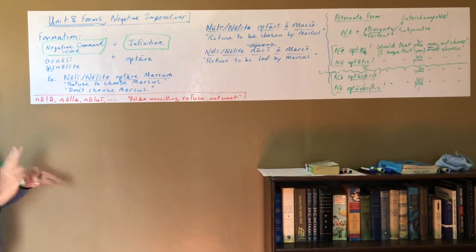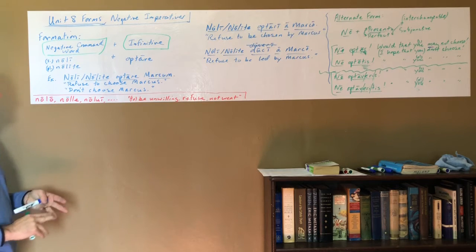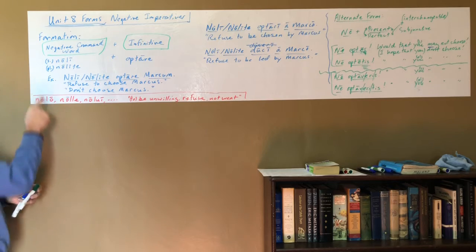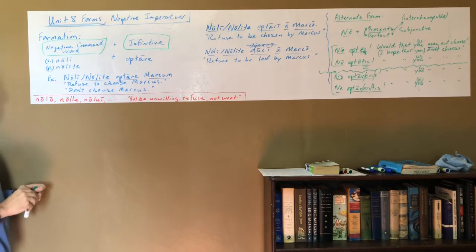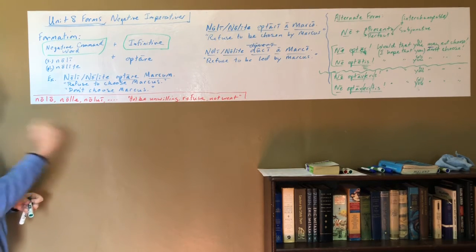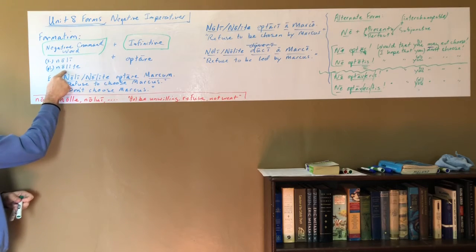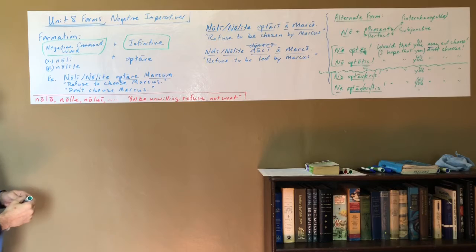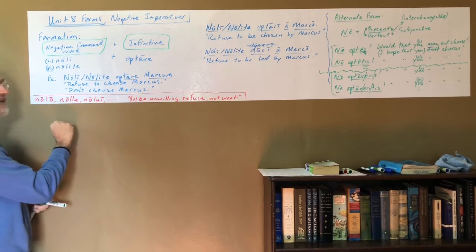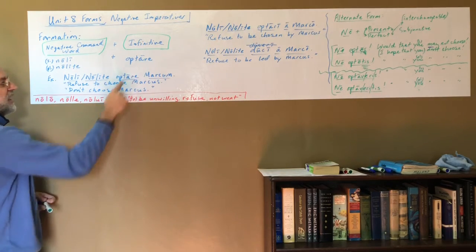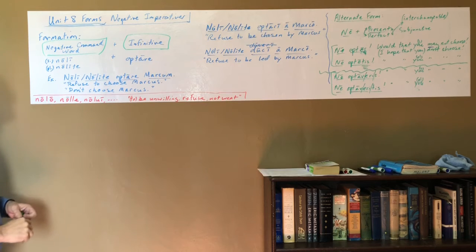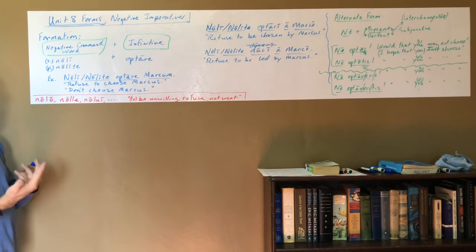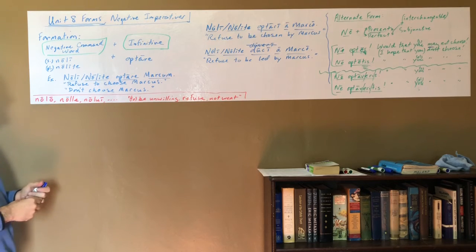So that's where you get the negative element, and that's where you get the command element from these words derived from nolo. The singular form is noli, you singular, be unwilling, and nolite, you plural, be unwilling. But to complete that idea, you need an infinitive, and I gave an example here, optare. Together those two words form the negative imperative idea in Latin.